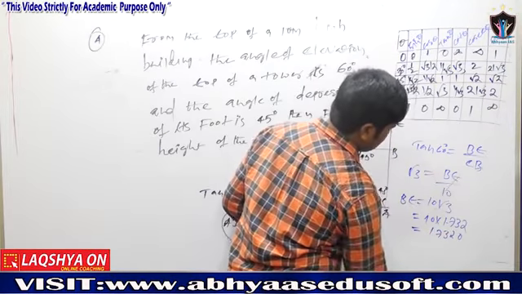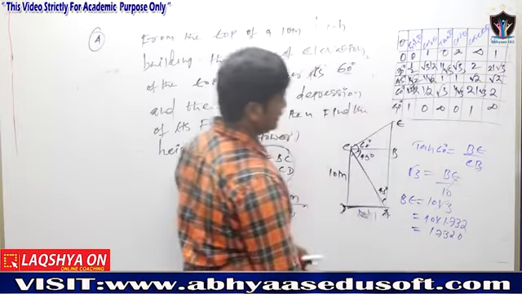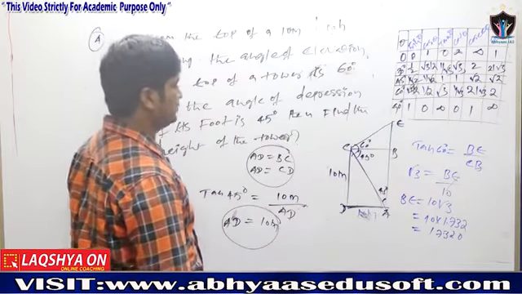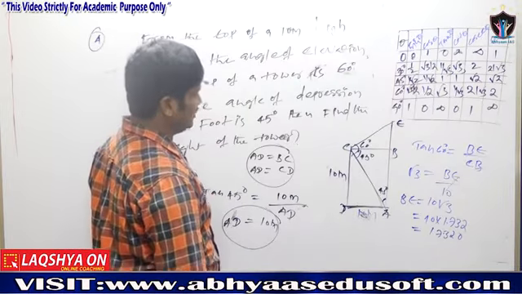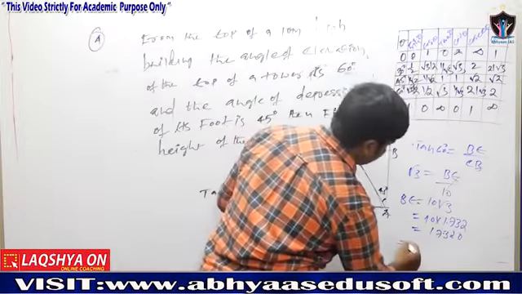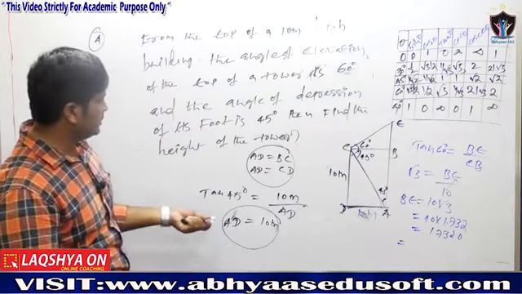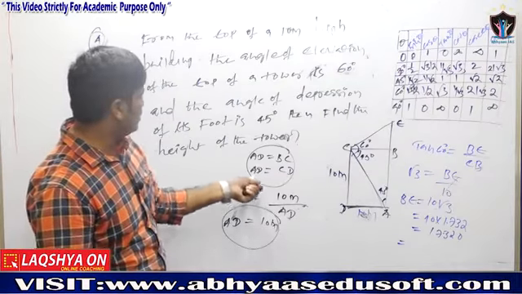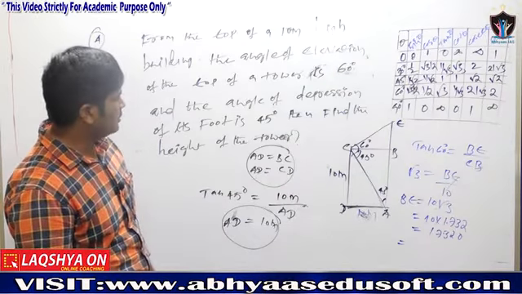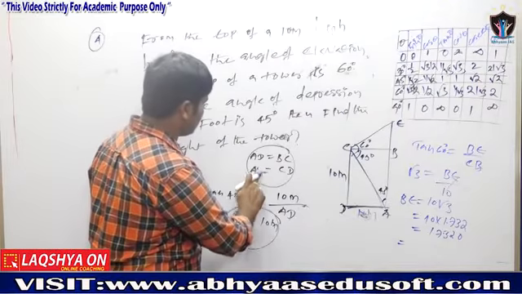So 17.320, so the complete height of the tower is, AB is equal to 10 meters, as we already know.